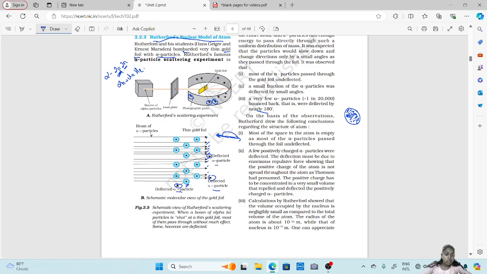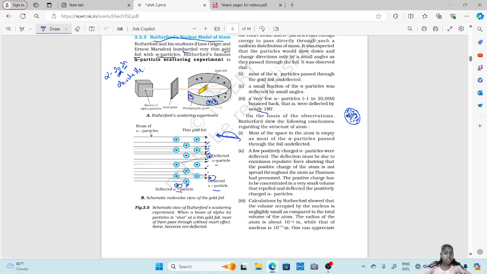But here no such deflection is seen. Only a few of them are deflected. That means the positive charge is not evenly spread throughout the atom as Thomson had presumed. So this is one of the drawbacks of Thomson's model, where the protons are not evenly spread in the atom.